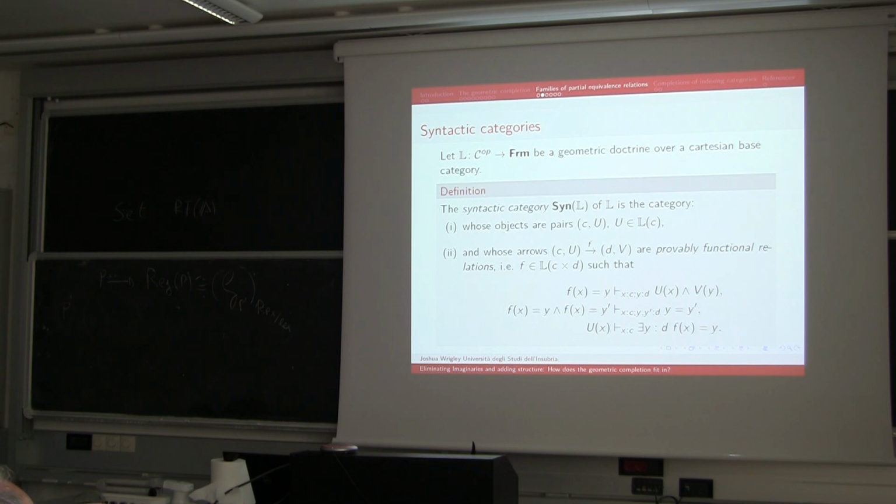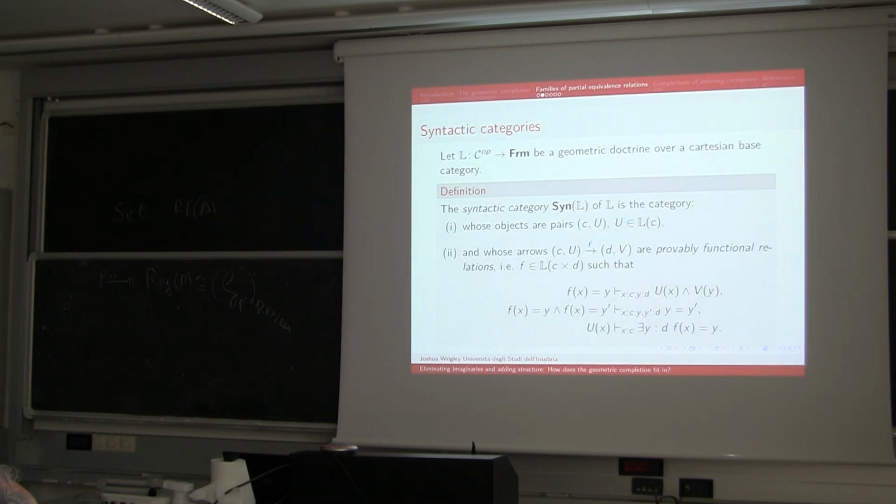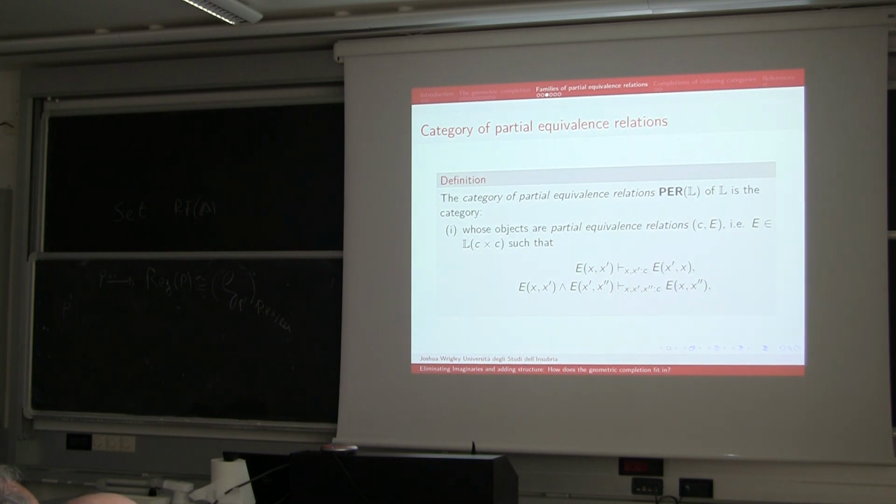We also have what we might want to call its exact completion, where, okay, I should also mention here that we're doing this over a Cartesian base category, so everything makes sense, but once again we're going to remove this assumption later. So we can define its category of partial equivalence relations, which would look like the tripos-to-topos construction.